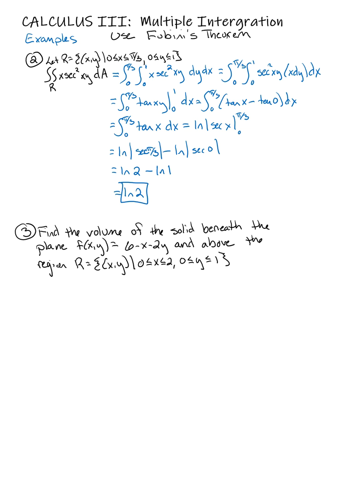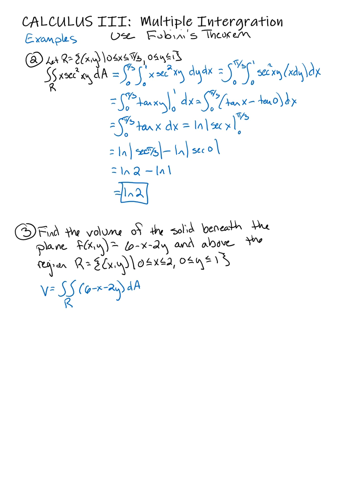All right, so to find this volume, we're going to take the double integral, because I have two variables, x and y, over the region R of 6 minus x minus 2y. That's the integrand. Remember, that's the plane above which I am integrating.